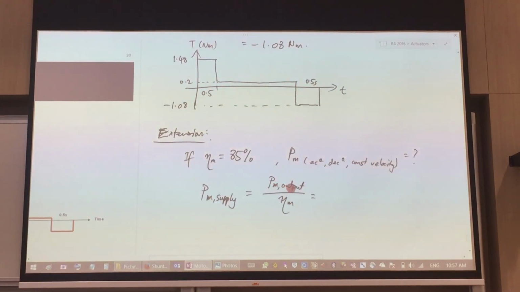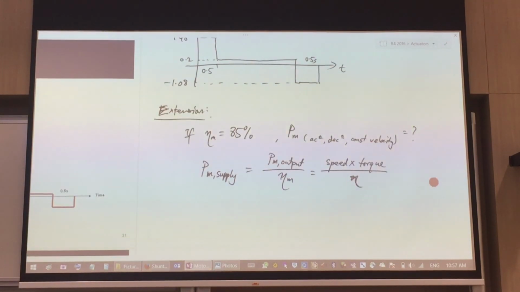The motor power output is equal to speed multiplied by torque. So that is the relationship. It's also provided in your notes, but they didn't really give an example. So I'm giving that.